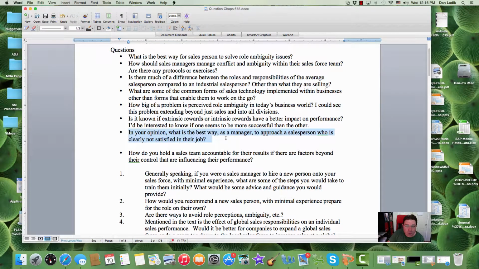In your opinion, what is the best way, as a manager, to approach a salesperson who's clearly not satisfied in their job? Now, it is your job as the manager to have your finger on the pulse of your employees. There is a reason why they're not satisfied with their job. In many cases, it has nothing to do with the company, the job, or their clients.